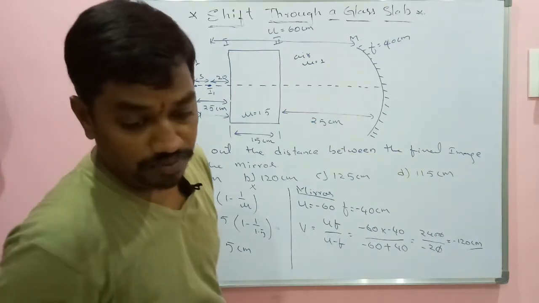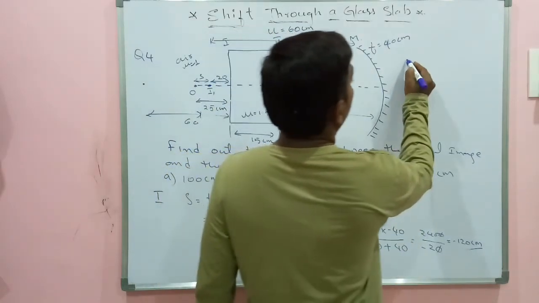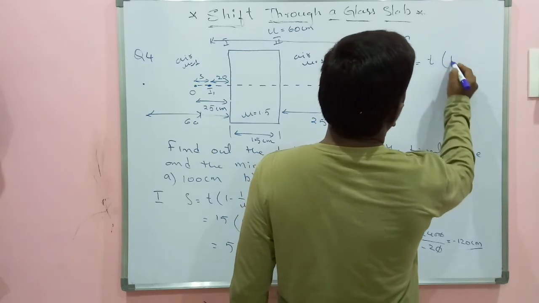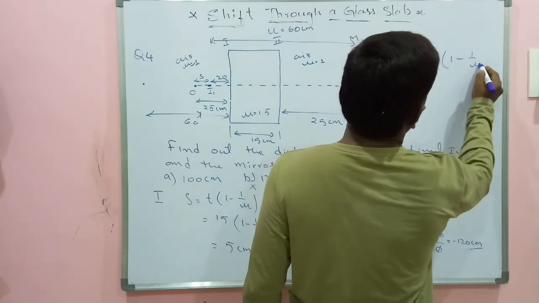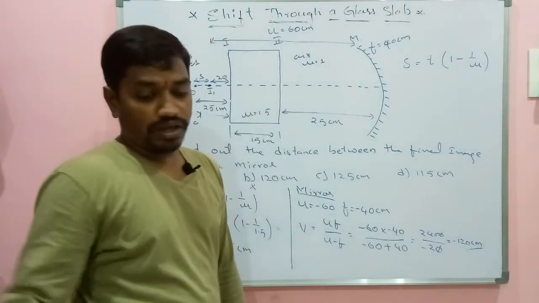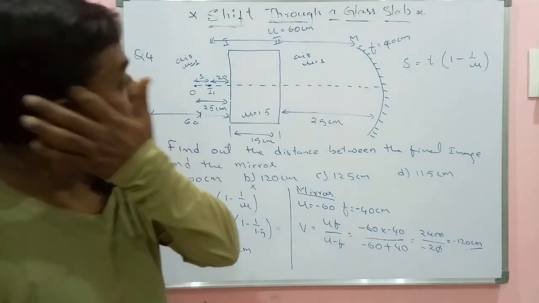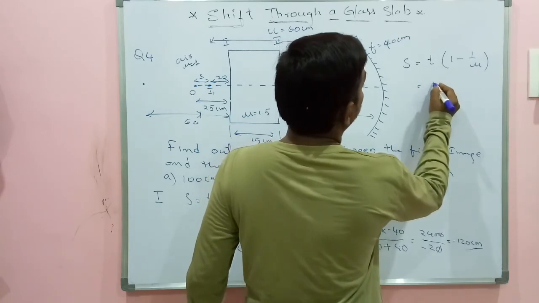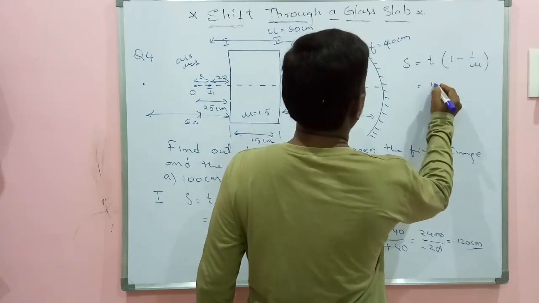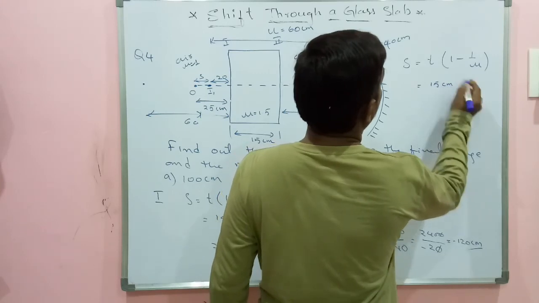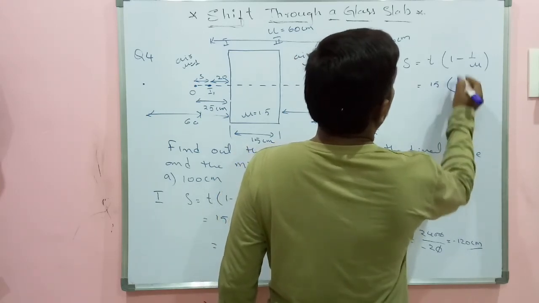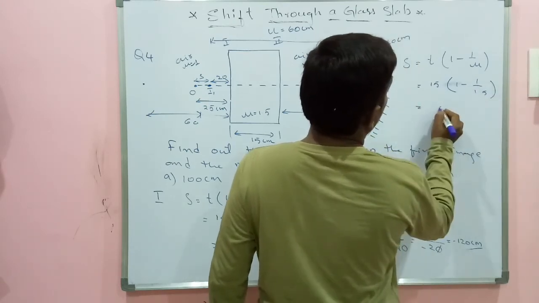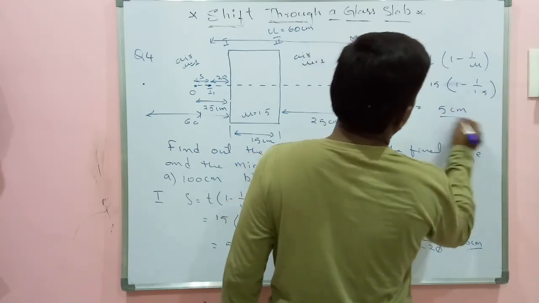The shift in the final image can be calculated again using the formula S is equals to T of 1 minus 1 by mu. So here again T is the same thickness, that is 15 centimeters, of 1 minus 1 by 1.5. So solving this, I will be getting around 5 centimeters. Again it is positive.